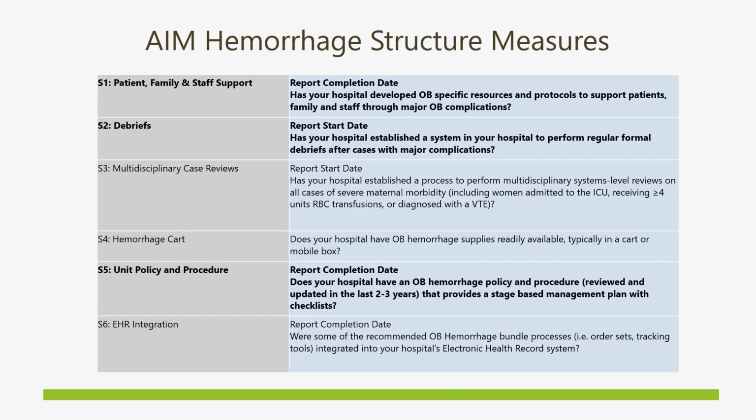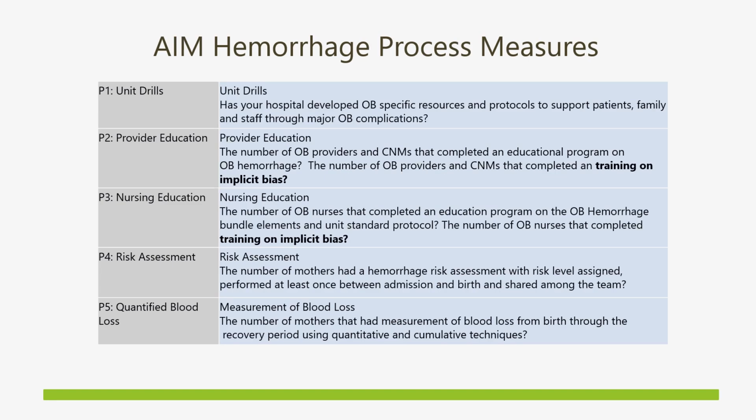So we'll show some baseline data in just a minute to highlight where we are as a collaborative. For process measures, the update is to include provider and nurse implicit bias training. And this will be the first quarter that we collect data for these measures.